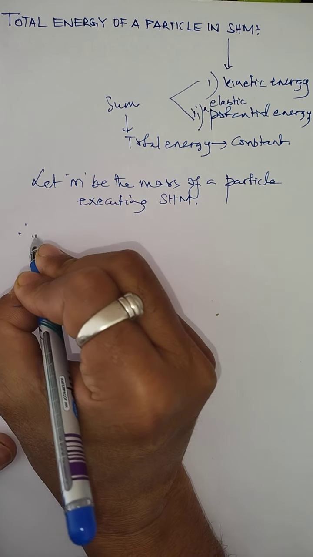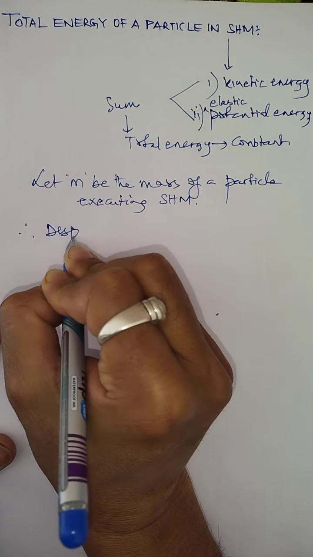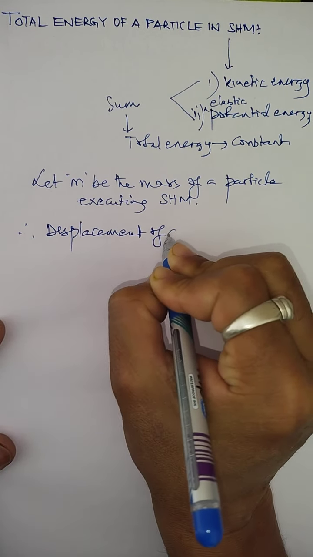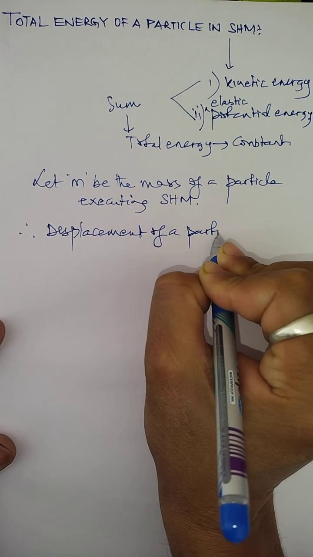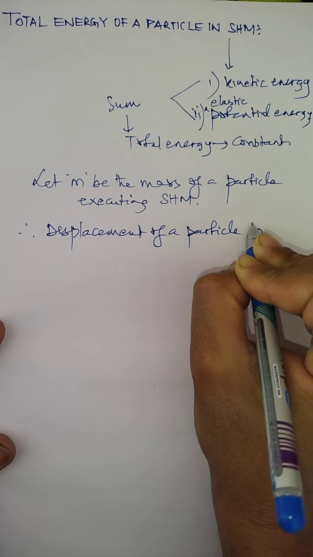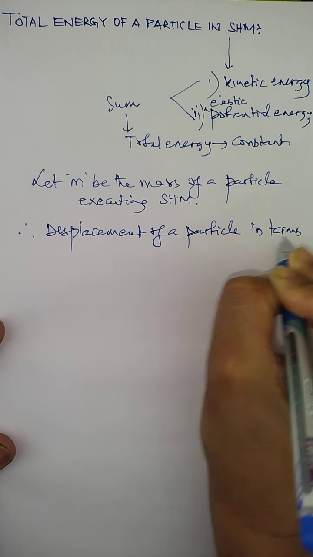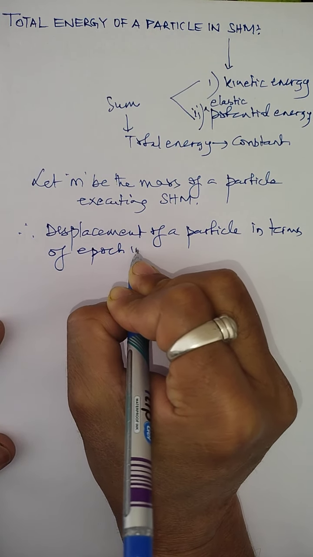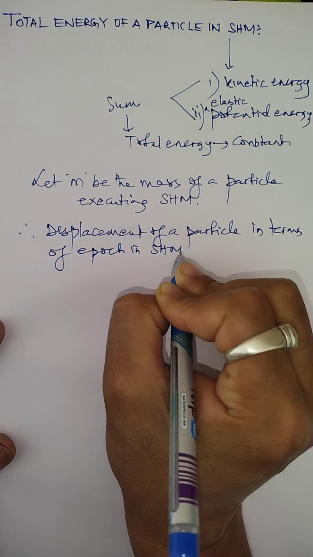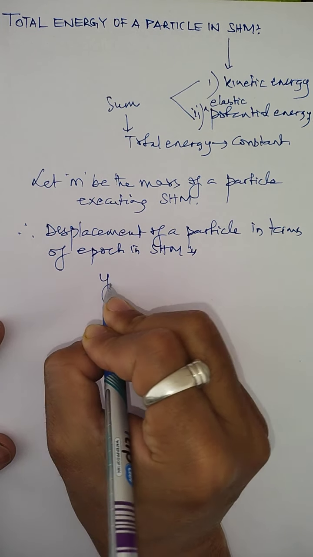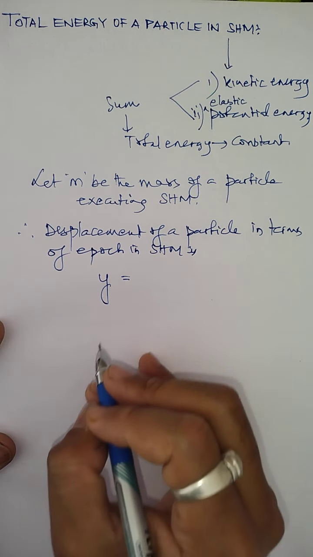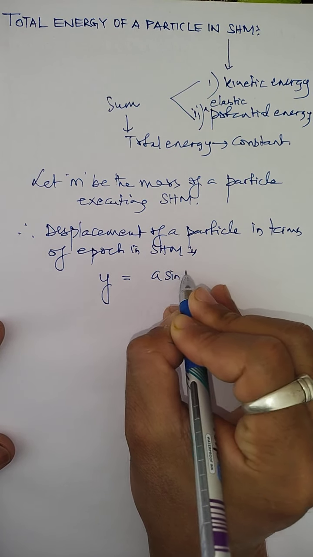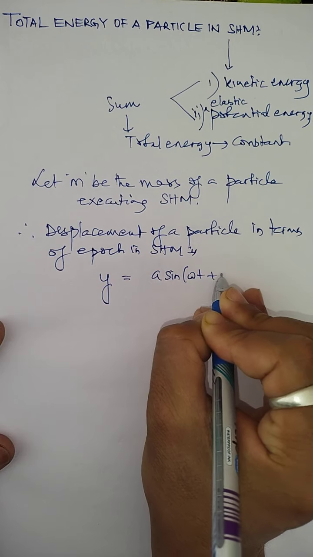So let me write down the displacement of a particle in terms of epoch in simple harmonic motion. This is given by y equals a sin(omega t plus phi).